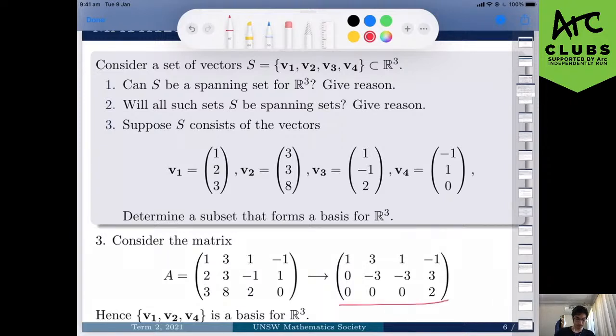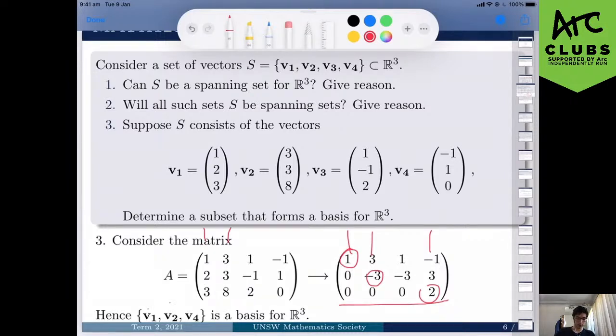And because these are all leading columns, since the row operations preserve linear dependence, that means that these three columns will correspond to linearly independent original columns in the matrix.